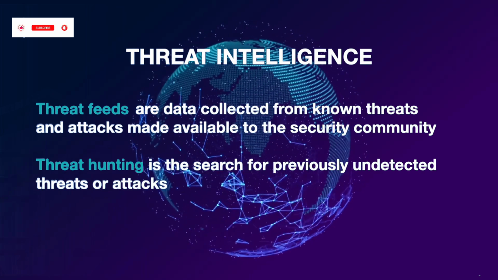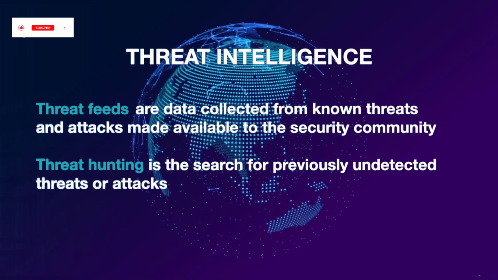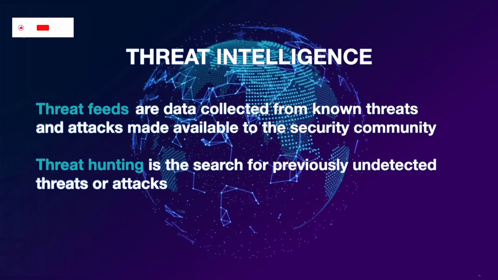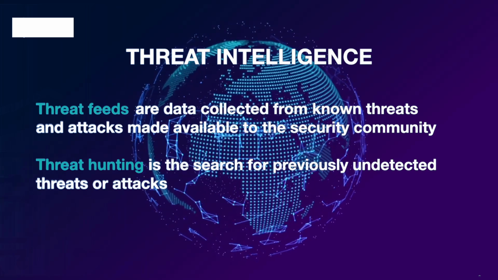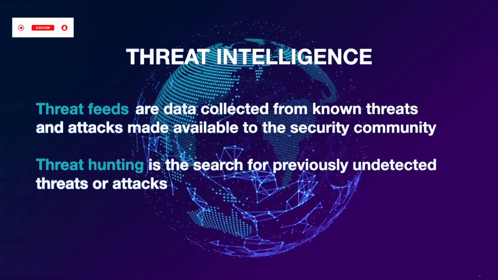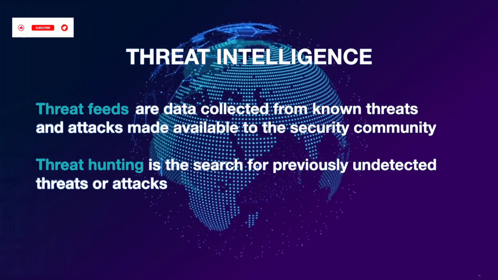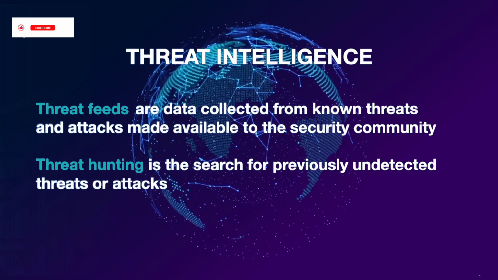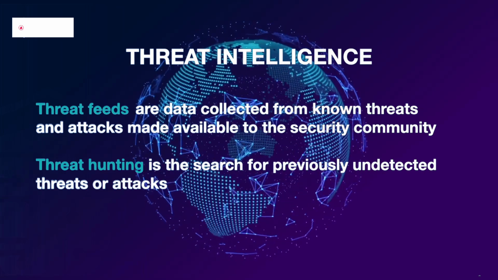So once we have detected or discovered a threat from, say, a threat feed or maybe somewhere else, now we can start to go on the offensive and start searching through the system to see if we are affected or impacted by that known threat. Because we now know what to look for, we can be proactive and start hunting these things down to see if we can find them, and then we can start looking at remedial action after that.